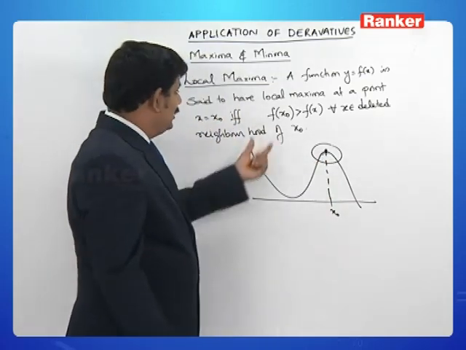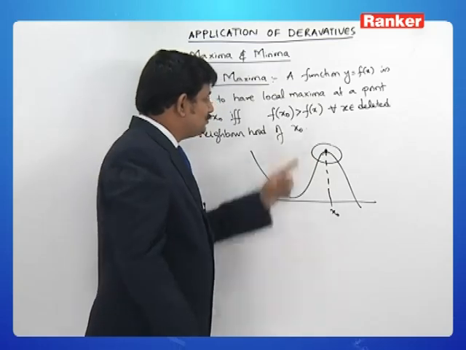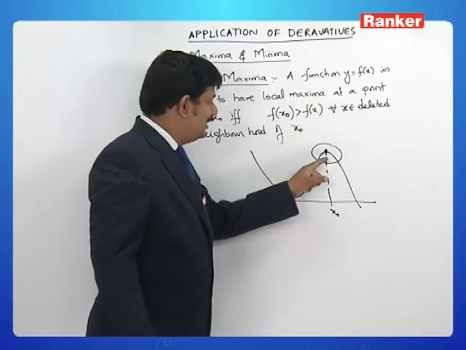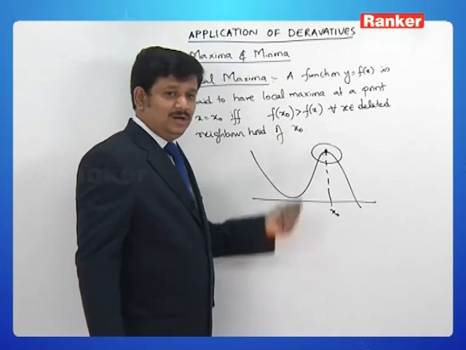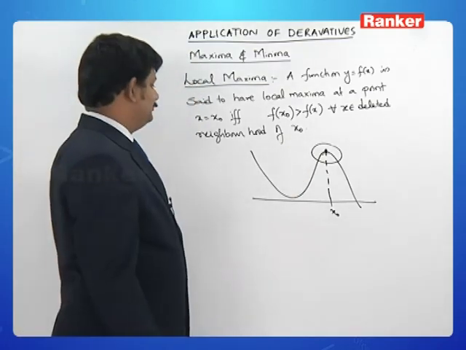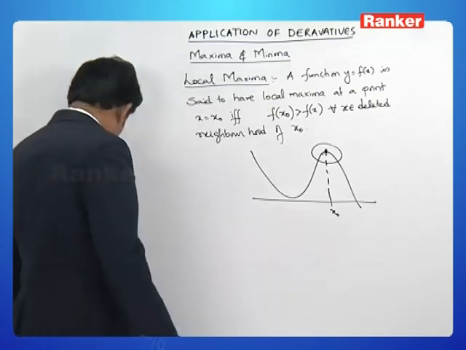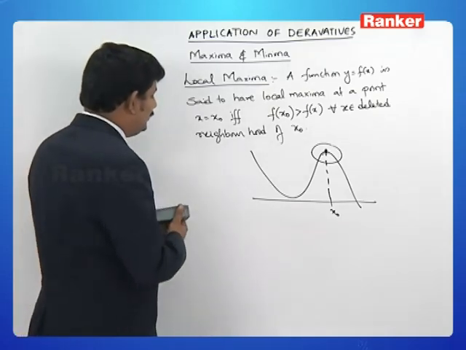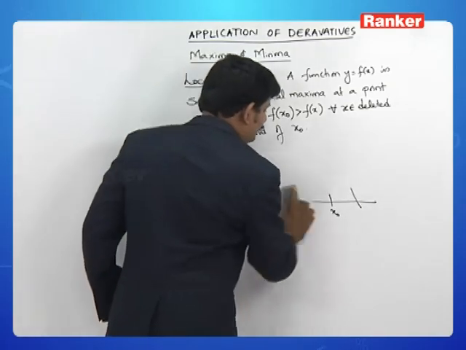So, because f of x naught is more than f of x for all x belonging to the deleted neighborhood of x naught, it is a point of local maxima. Let us look at another graph where we can see which are the points of local maxima.